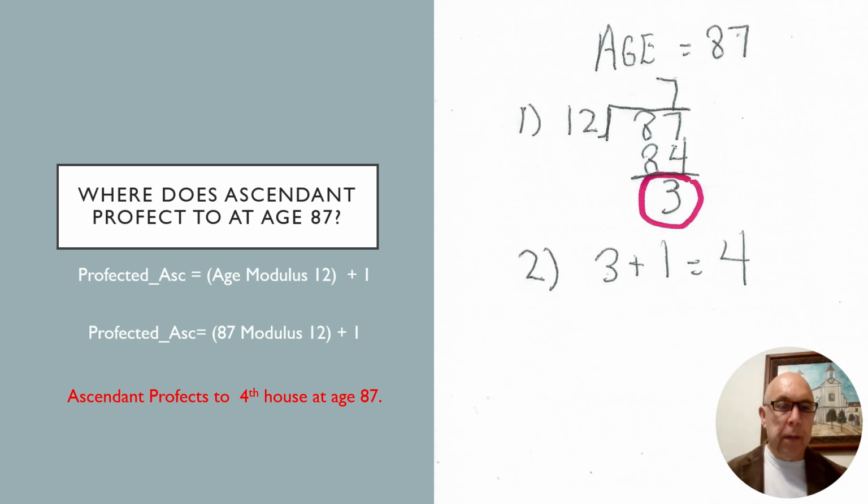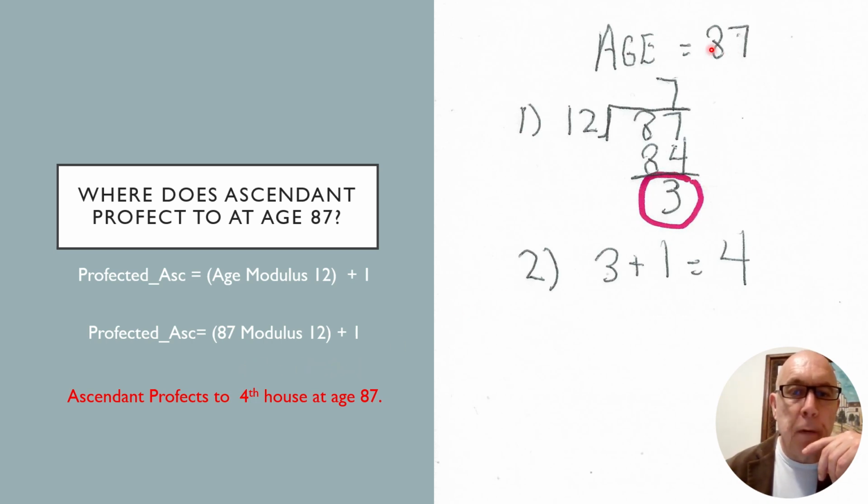So here is our formula again. Perfected ascendant equals age modulus 12 plus 1. Again, we just plug in the age here. So perfected ascendant equals 87 modulus 12 plus 1.